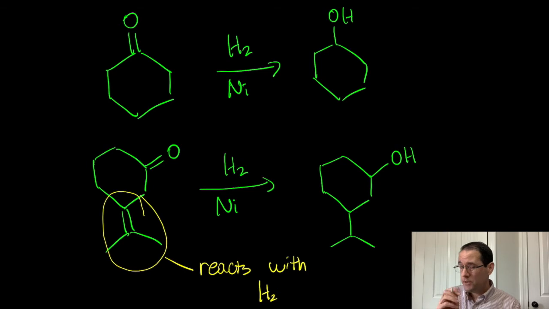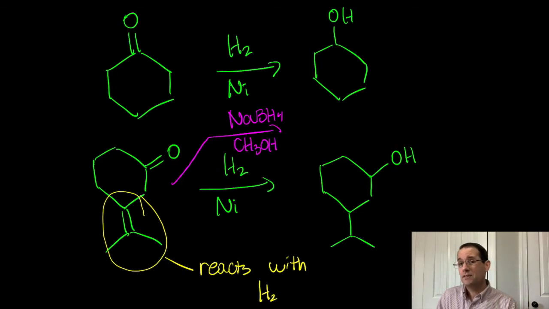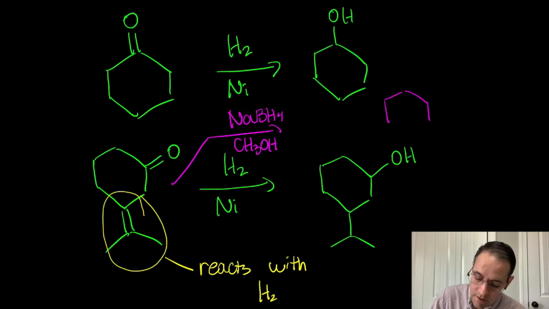Okay? Now, if you were to treat this starting molecule here with sodium borohydride and methanol, this will only react with the aldehyde or the ketone to give you the alkene alcohol.